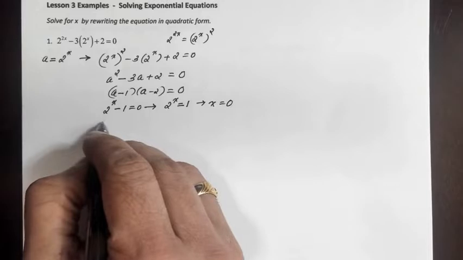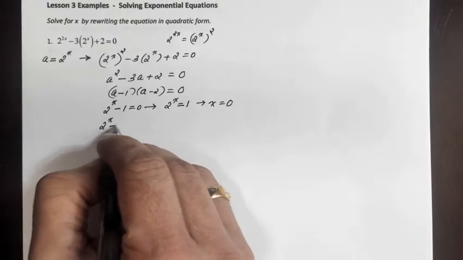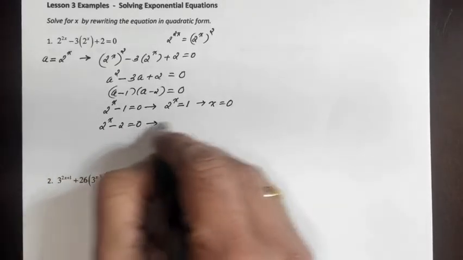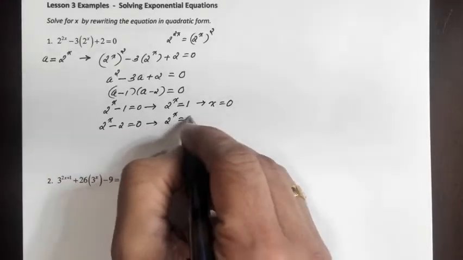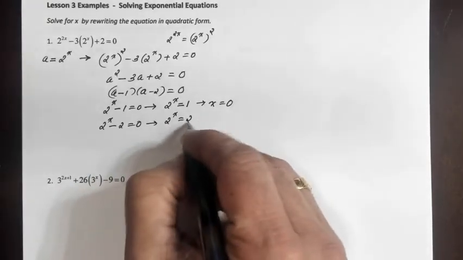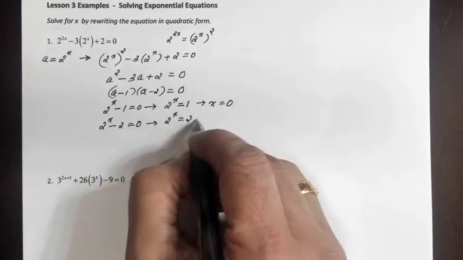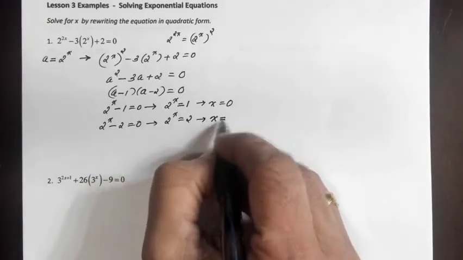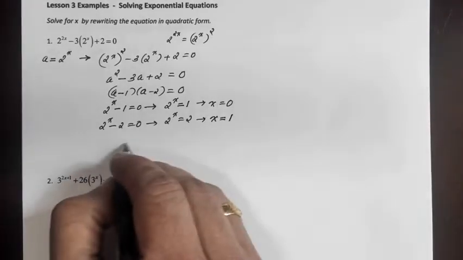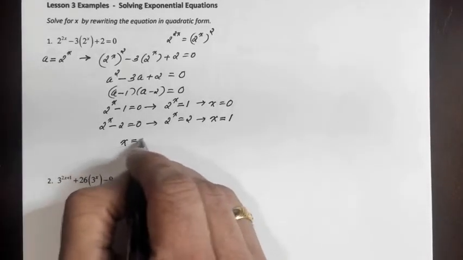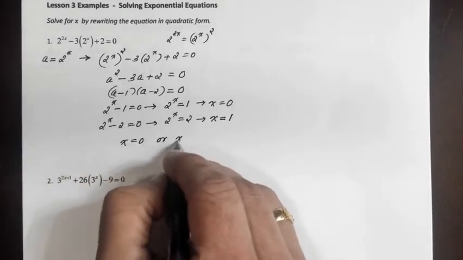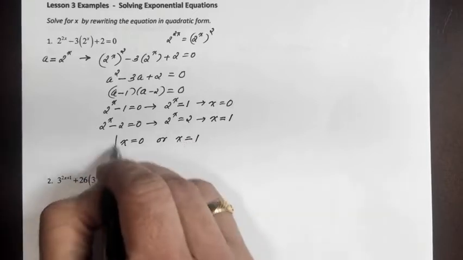Second option right here is 2 to the power of x minus 2 is equal to 0. 2 to the power of x is equal to 2. To get that 2 right here, that has to be a 1, so x is equal to 1. So the solution is x is equal to 0 or x is equal to 1.